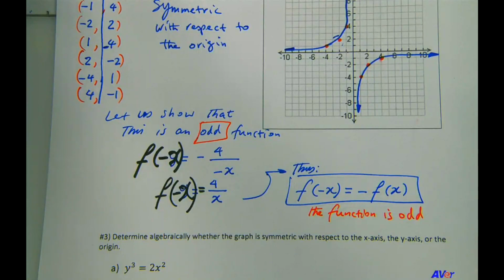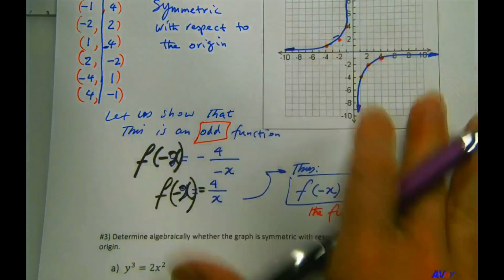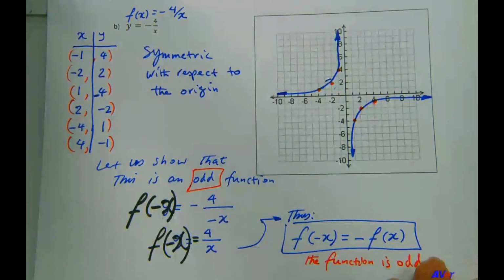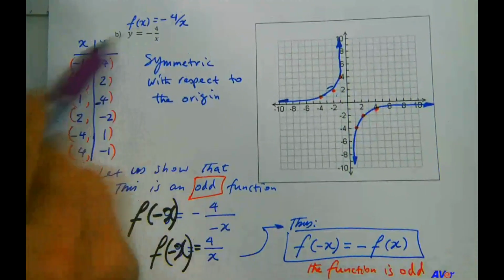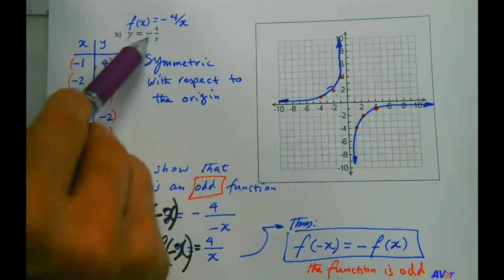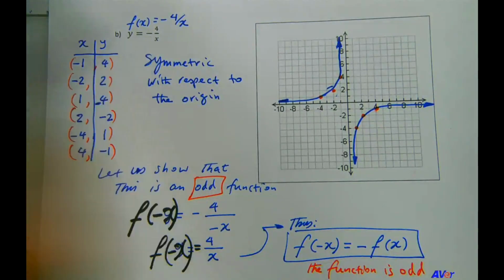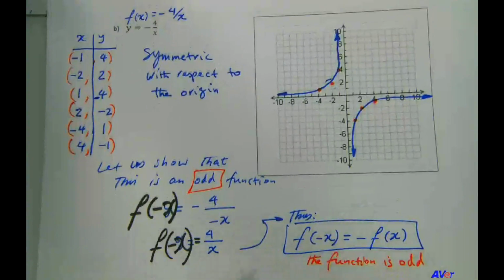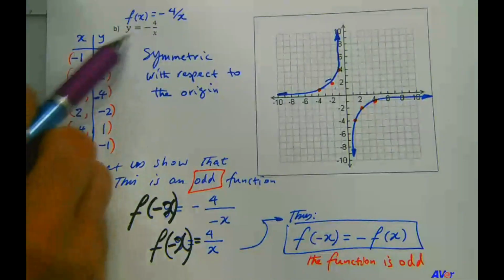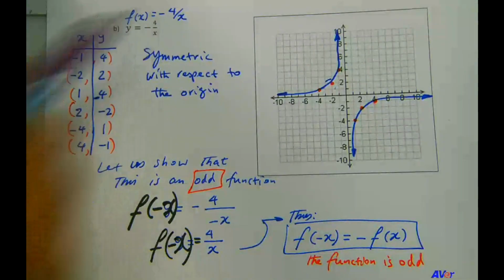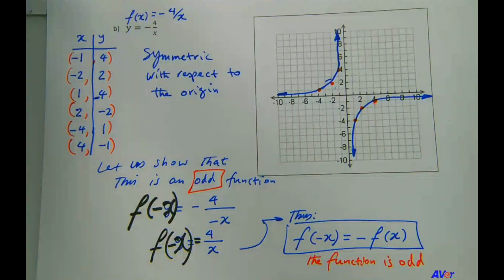A lot of this is very, very visual. I'm not talking about the graph only. Obviously, the graph is visual, but I'm talking about how the functions change as you replace x with negative x. Visually compare what happens to these symbols. So, we started with f of x equals minus 4 over x, right?